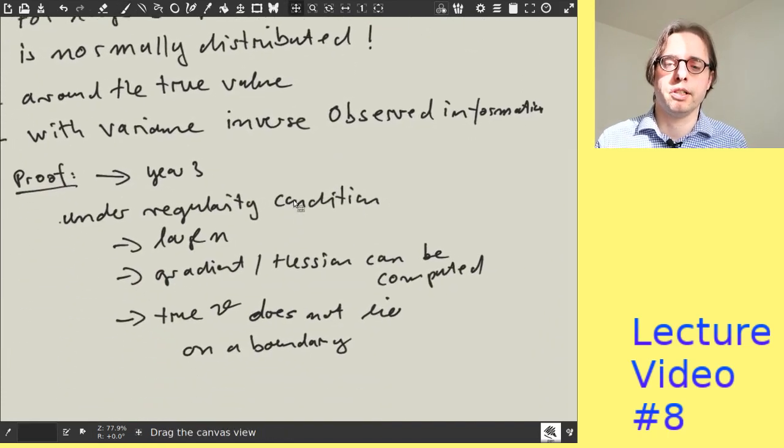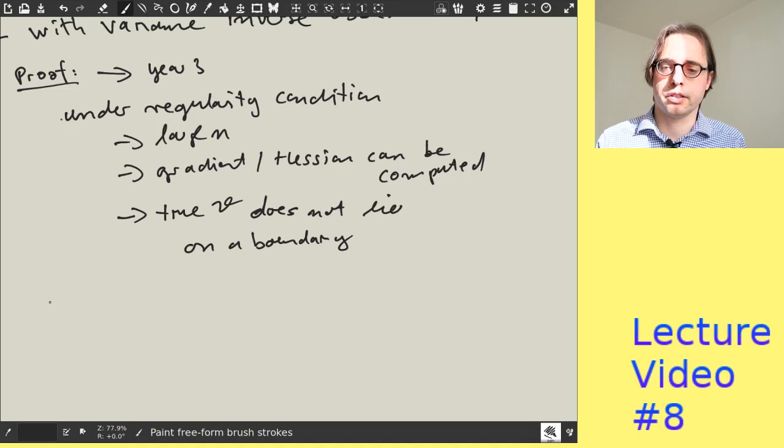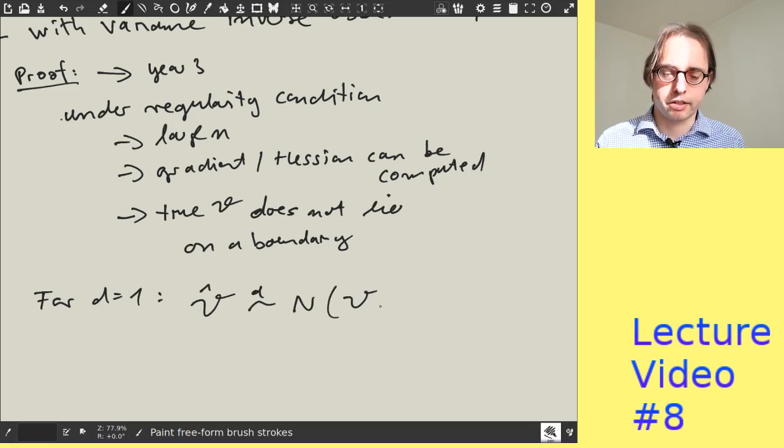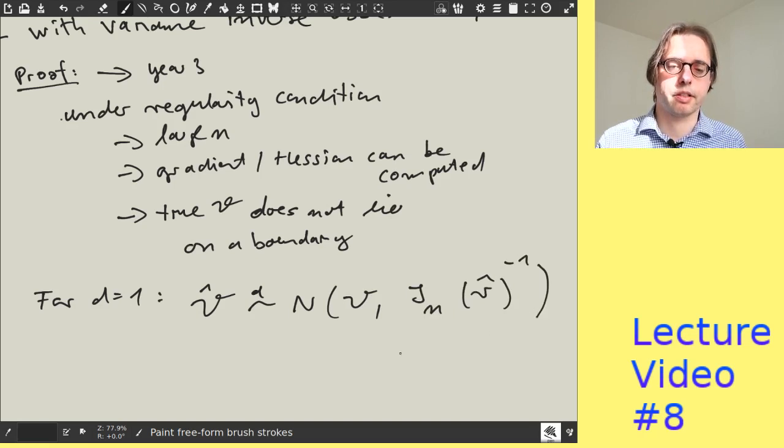So if you have only one parameter, for d equal to 1, then we can write theta hat is asymptotically distributed as a univariate normal with the variance being the inverse of the observed Fisher information.